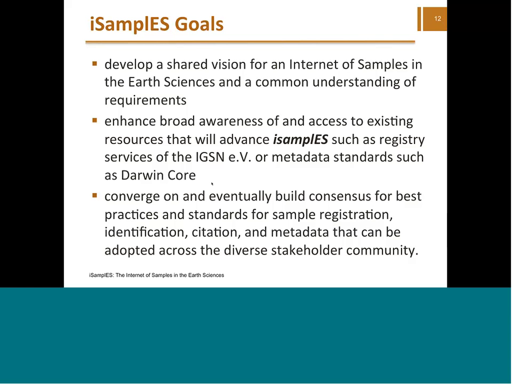We want to enhance the awareness of all the issues that relate to samples and their digital management, but also generate awareness of existing resources that already have been developed to support digital sample management. And two examples provided here are the International Geosample Number, which provides a way for uniquely identifying samples globally, and the Darwin Core, which provides a standard metadata profile, particularly for paleobiological and biological samples.